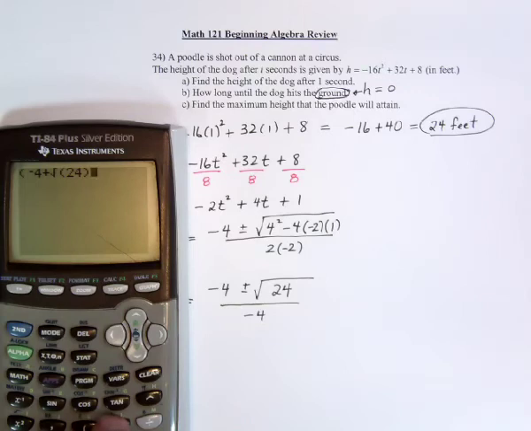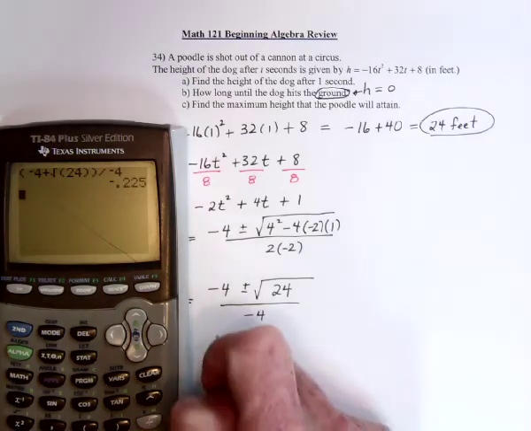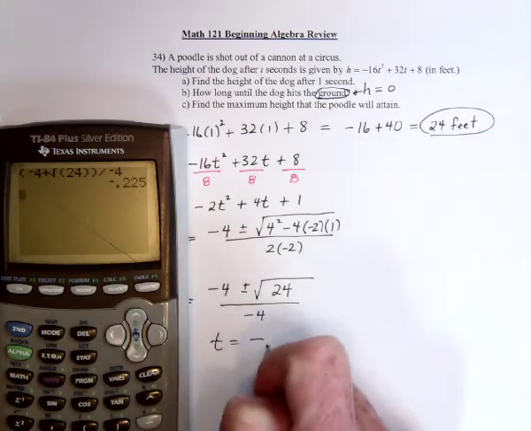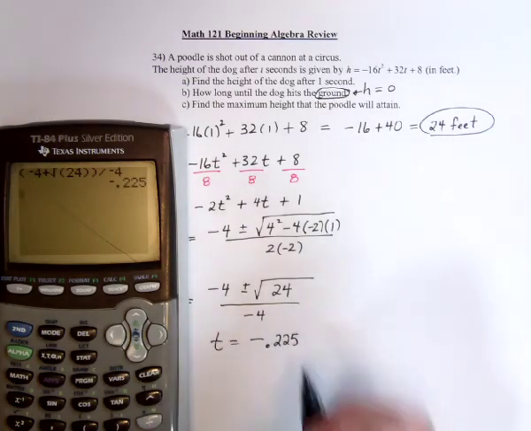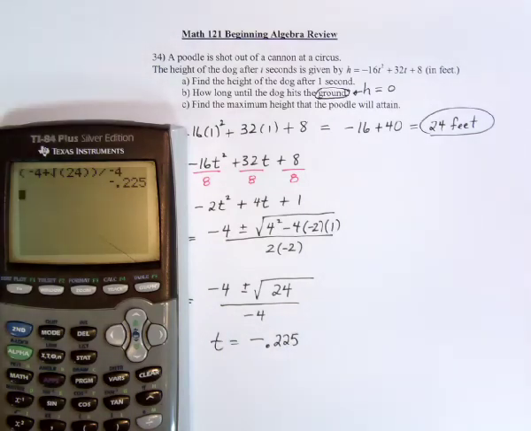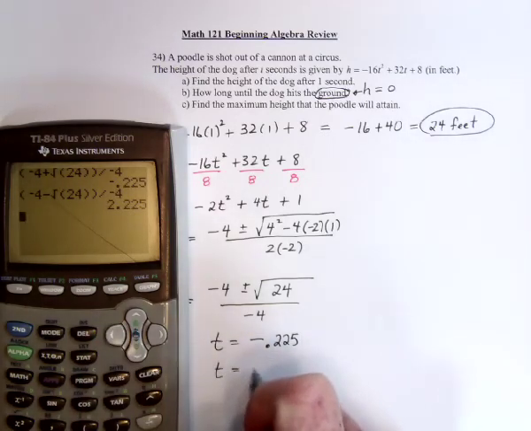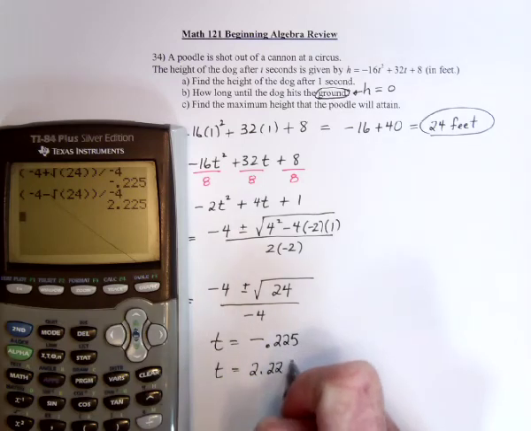Then I need to close the parentheses for the square root and for the numerator. And then it's divided by negative 4. We get t equals a negative 0.225. Then do the same thing with this being subtraction, and we get the other answer, which is 2.225.